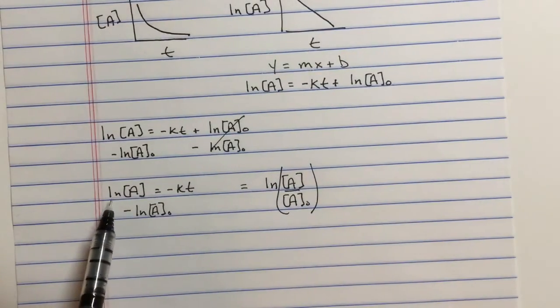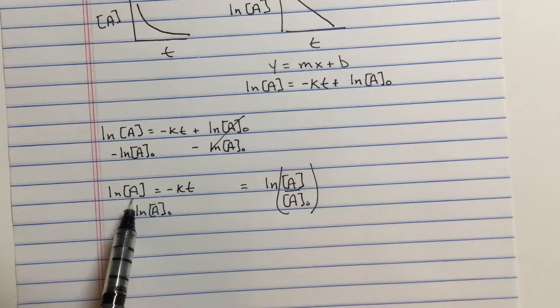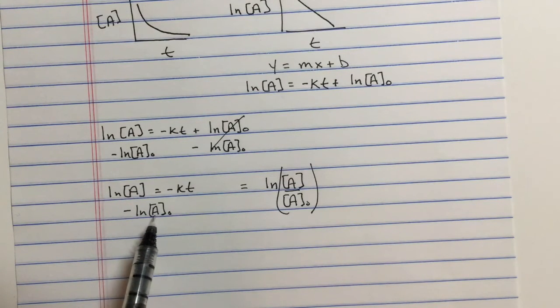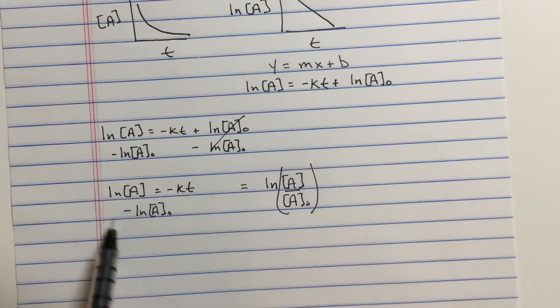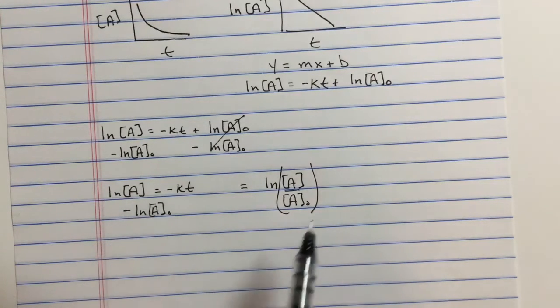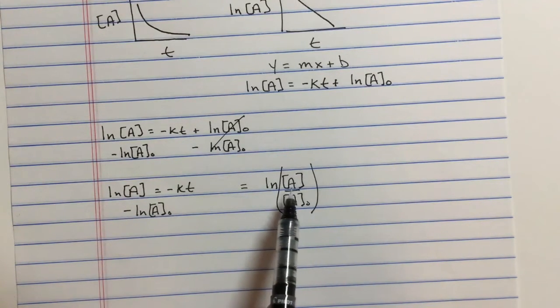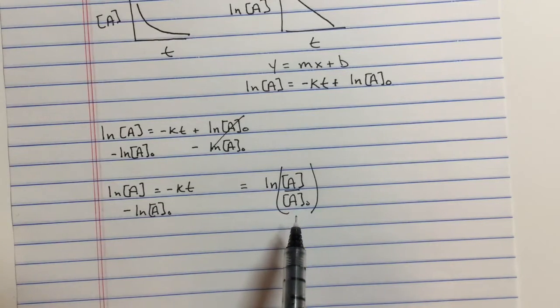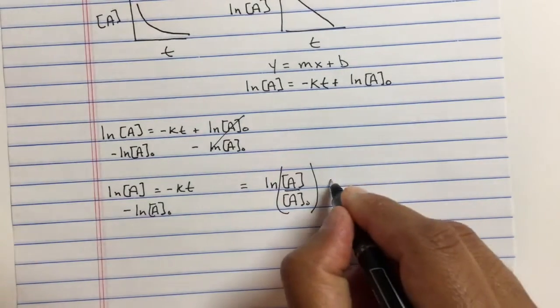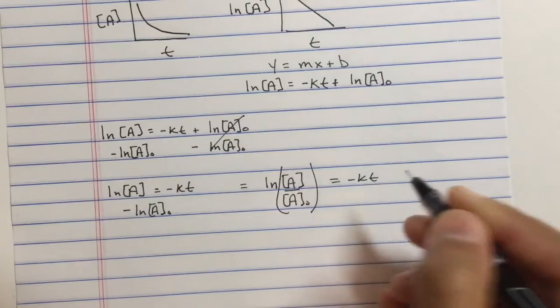So natural log of concentration of A minus natural log of concentration of A naught, there's a natural log rule where we can rewrite that as natural log of A over A naught. And this is still equal to negative kt.